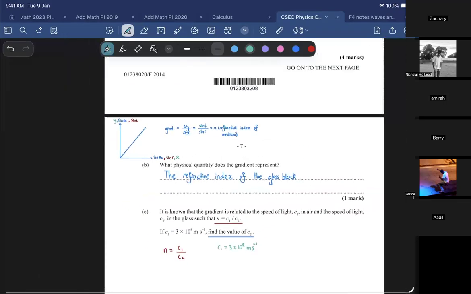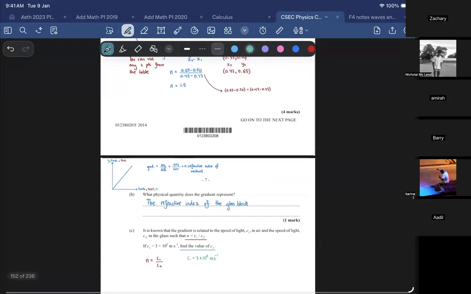Now, I really wonder, what else do we have in this question? We have C1. What else do you think we have? So we have N. Exactly. Could anybody tell me what N is other than Zachary? What did we find N to be?